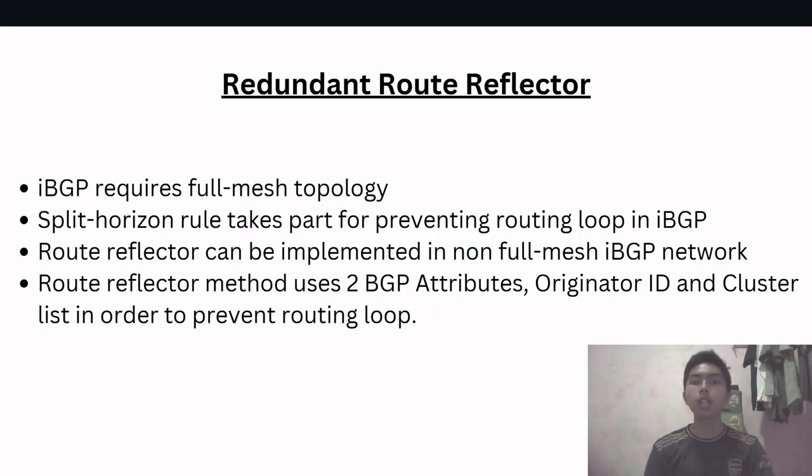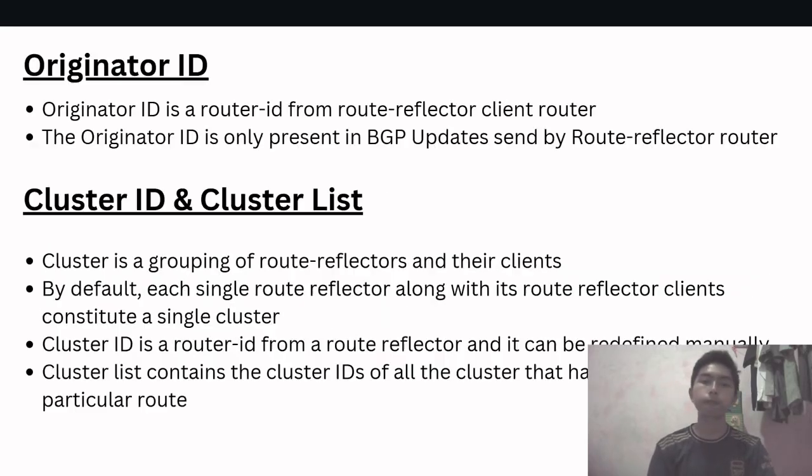But we can still prevent routing loops because route reflector uses two BGP attributes. First is originator ID and the other one is cluster list, in order to prevent routing loops. So what are originator ID and cluster list?